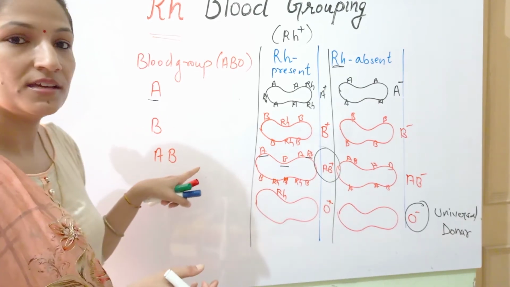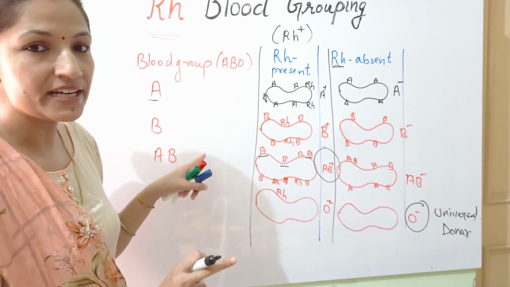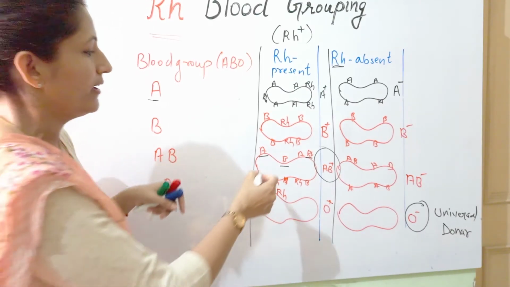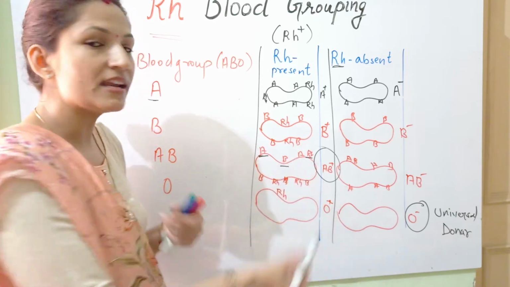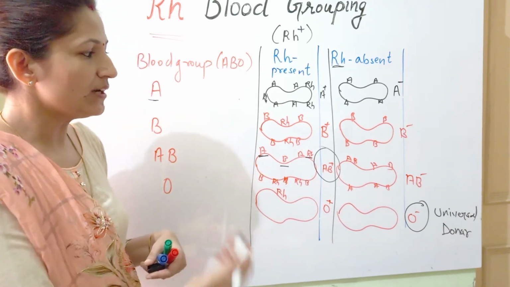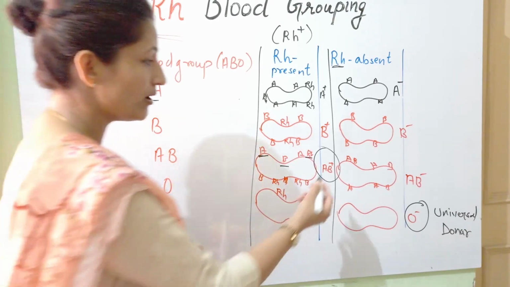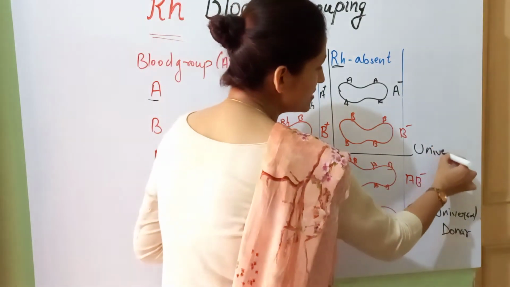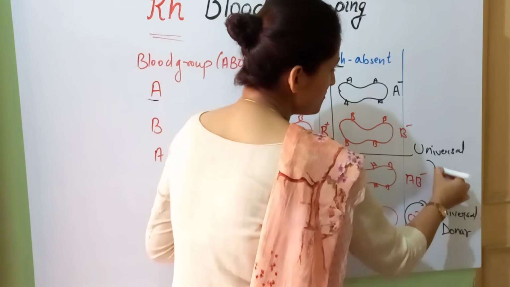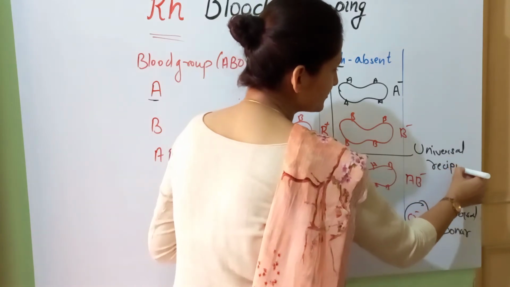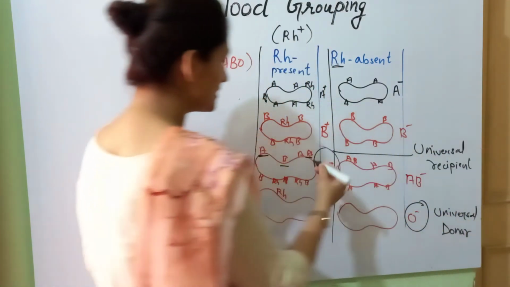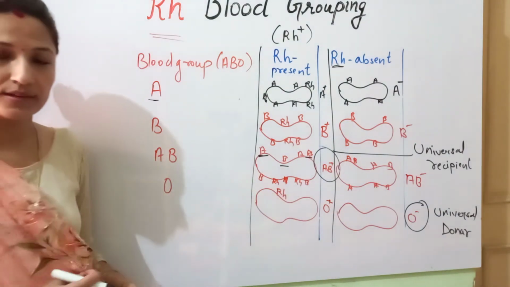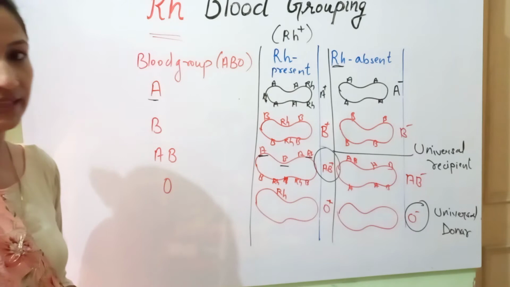Blood group AB doesn't contain any antibodies in the plasma. So A come, B come, Rh positive come, it will take all. Okay, so AB positive is the universal recipient. Means this person can take blood from anyone over here, and O negative person can give blood to anyone.